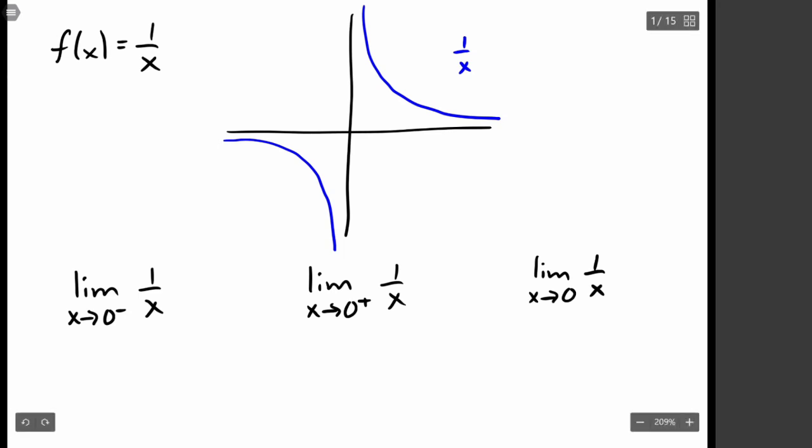But if you trace out the values, you'll see from the left side you're going to keep falling down here, and this is going to go down toward negative infinity. So here's a function that has a limit which is negative infinity. If you follow the values from the right side, you're going to see these are just going off to infinity again.